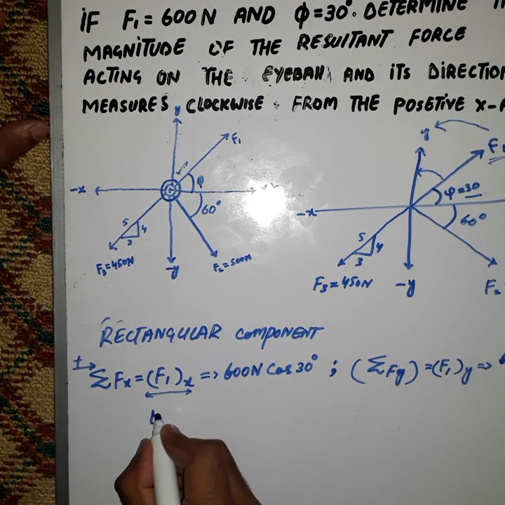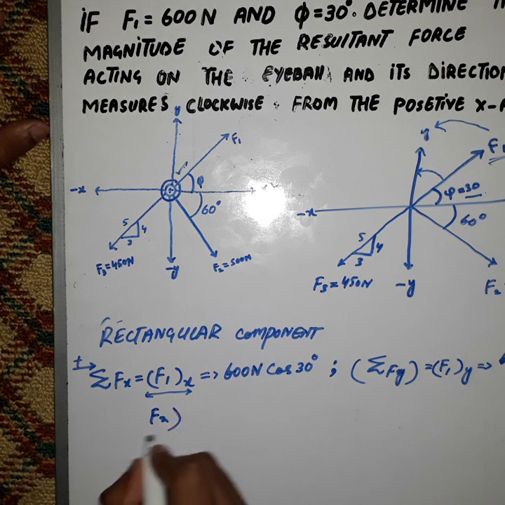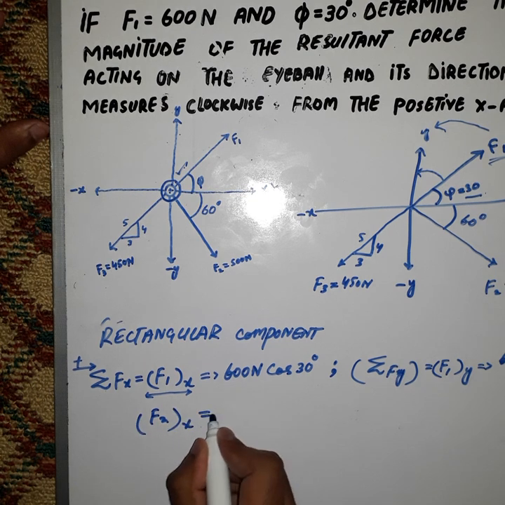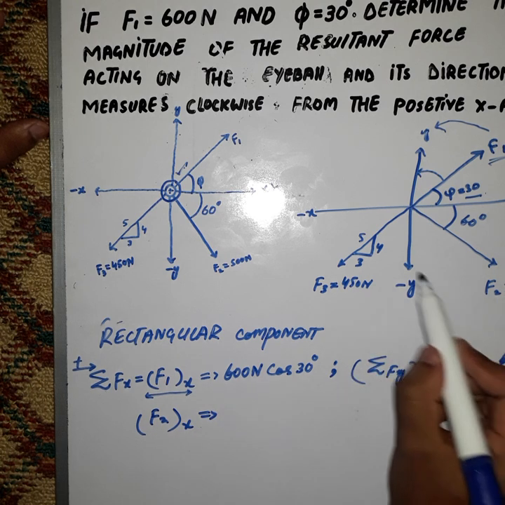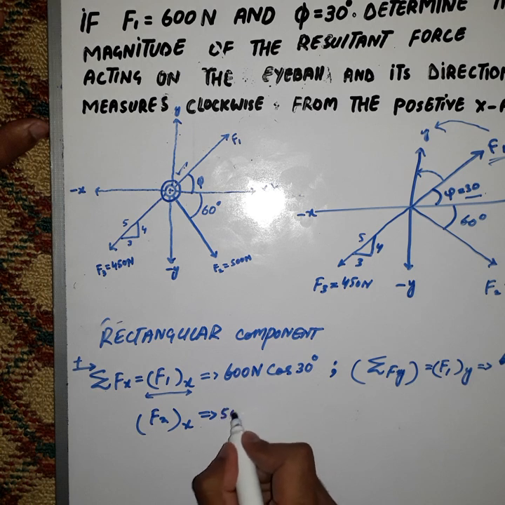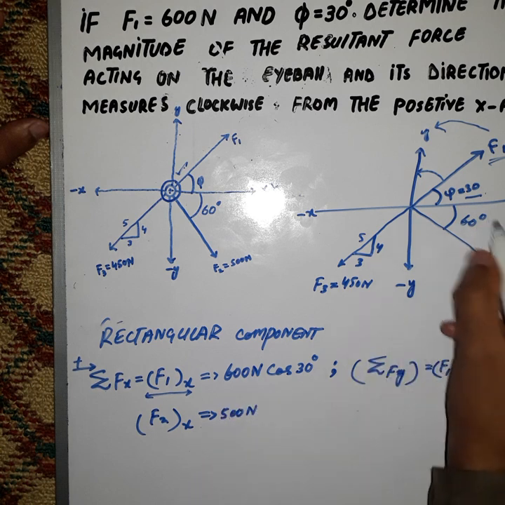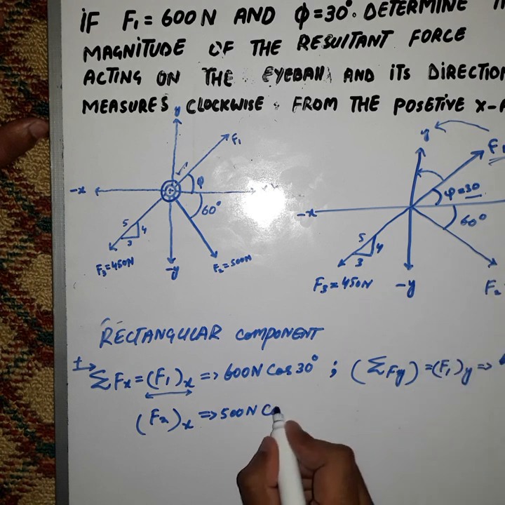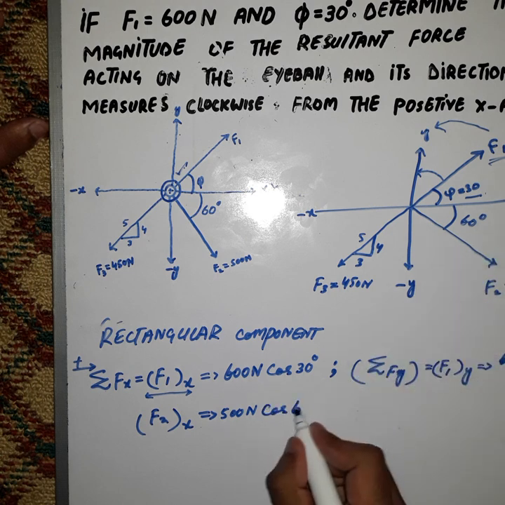Now we will find F2 of x. Here is F2 and it is 500 Newton, making an angle with the x-axis. So we will use cos and its angle is 60 degrees.